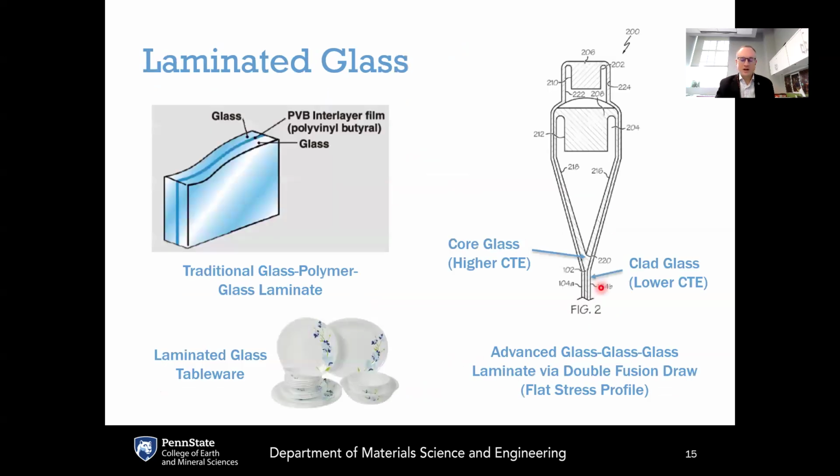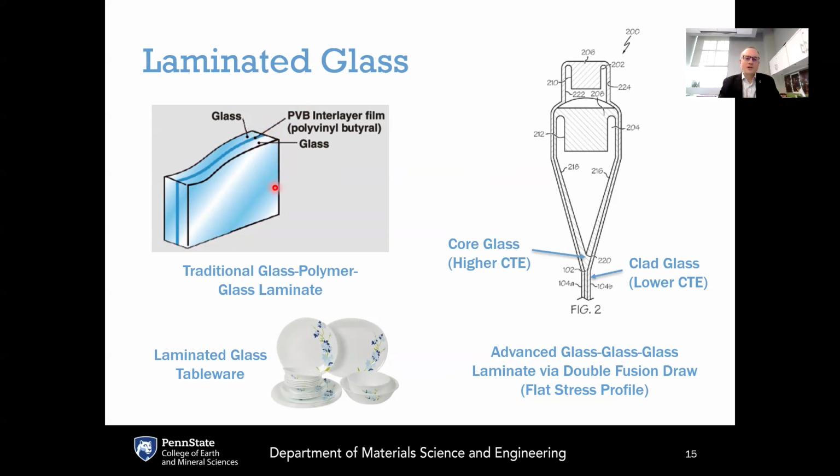Now, another method for improving the practical strength of glass products is through lamination. There are different ways to do lamination. One of the common ways for safety glass and for automotive windshields is using lamination with a polymer coating between two sheets of glass, as shown in the upper left.